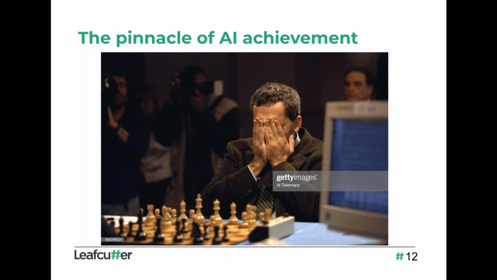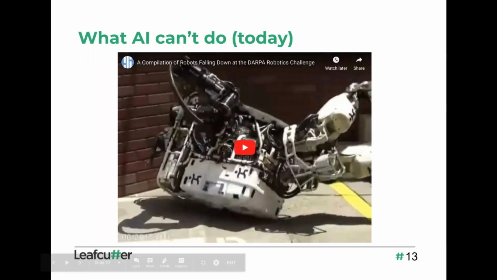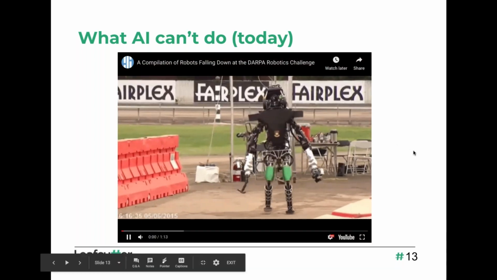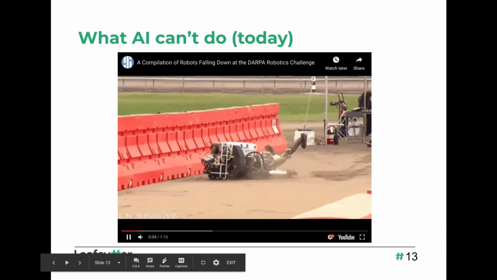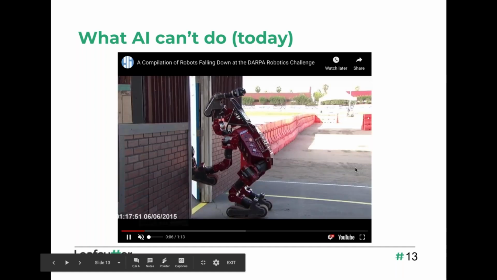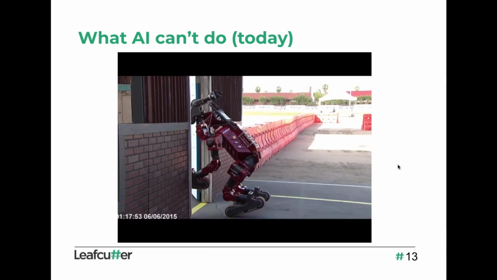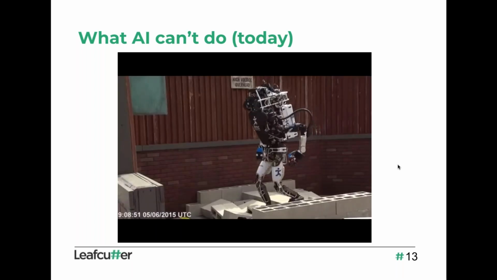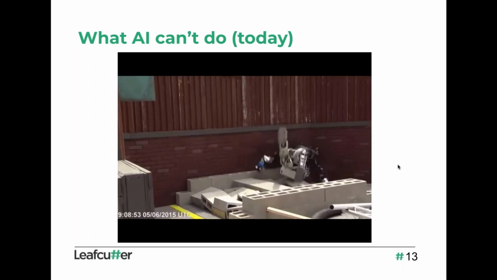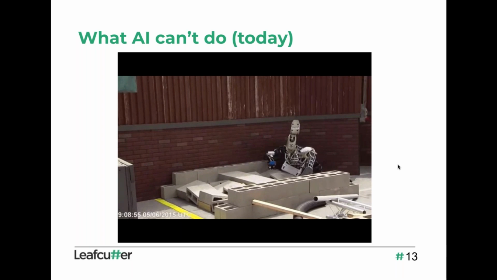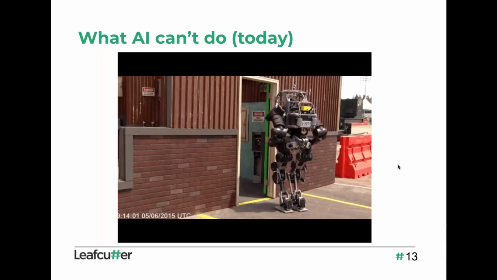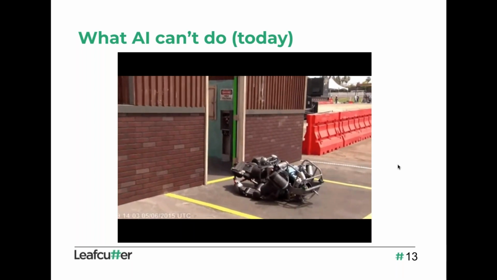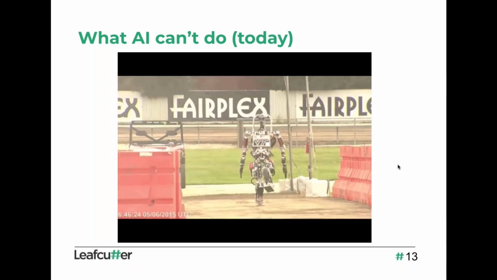Now, there are a lot of things that they can't do. If I just show you a quick video of this. This is the DARPA Robotics Challenge, where they challenge different robotics teams to develop robots that are able to complete a number of challenges you might have in a rescue situation: moving over uneven terrain, opening doors, navigating through buildings or picking stuff up.